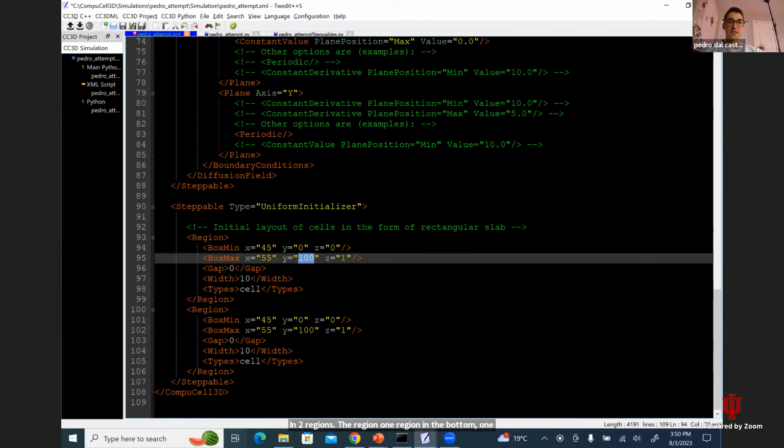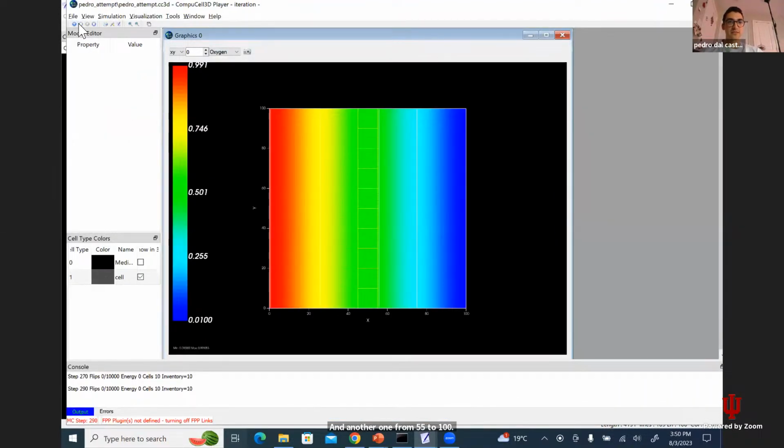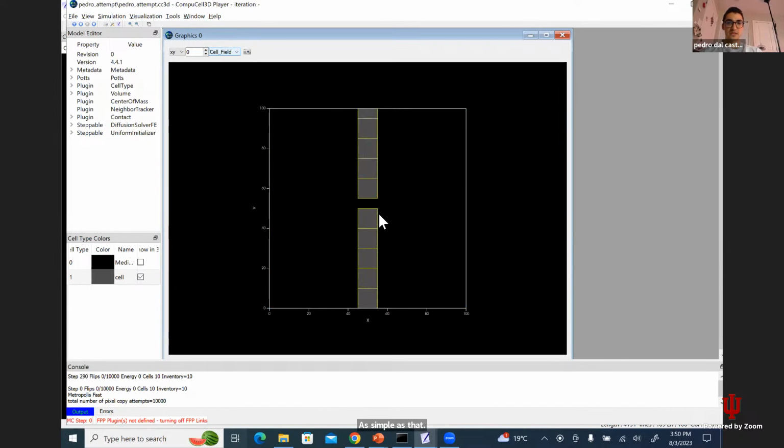So instead of creating the entire membrane from 0 to 100, we can create from 0 to 45, and another one from 55 to 100. As simple as that. So now this is our cell, and there's a hole inside.